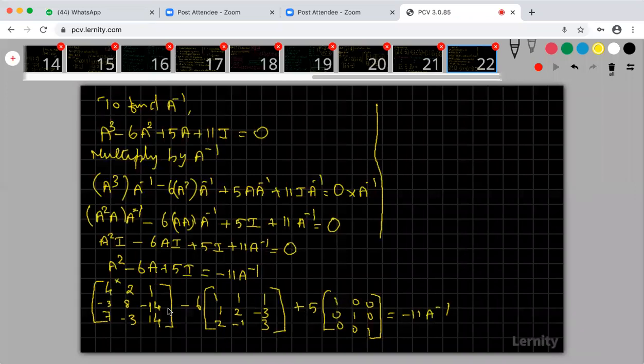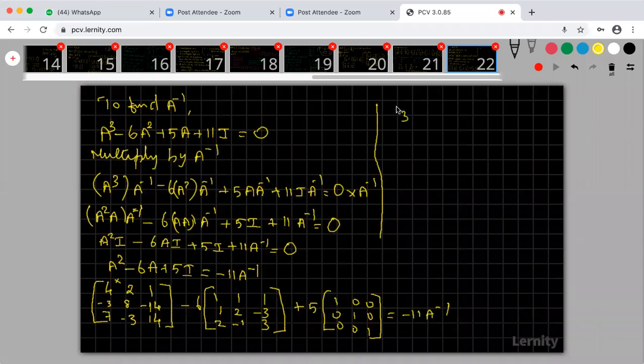So this is 4 minus 6 plus 5. So 4 plus 5 is 9, 9 minus 6 is 3.